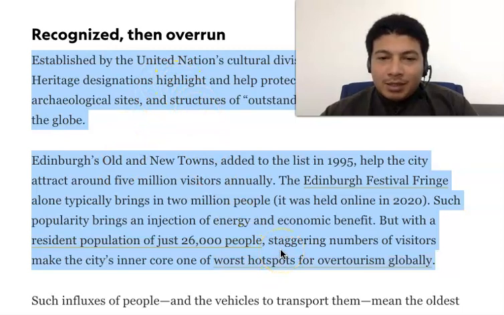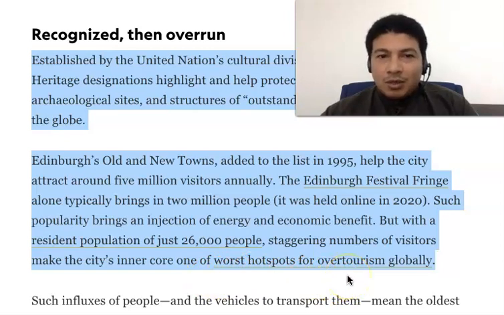And the last sentence here, staggering numbers of visitors make the city's inner core one of the world's hotspots. So this is the opinion of the author. The author says that because of this huge number of visitors, the city's inner core becomes worse because there are too many people, or what we call over-tourism.